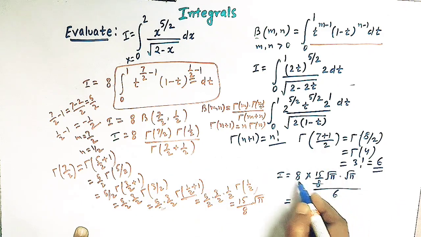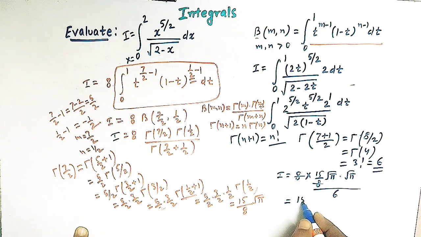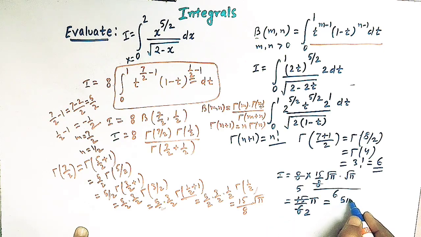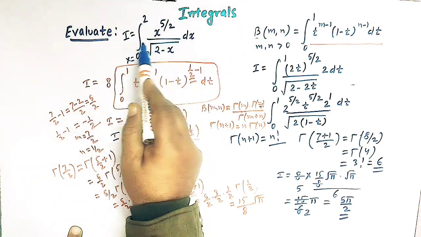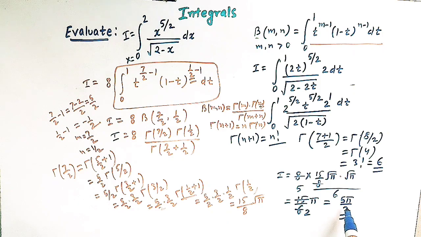Now this 8 and this 8 get cancelled, and we have 15/6. Root pi times root pi is pi, and simplifying again, 3 times 5 and 3 times 2 is 6. So we have 5 pi over 2, right? So viewers, the value of this integral I is 5 pi divided by 2.